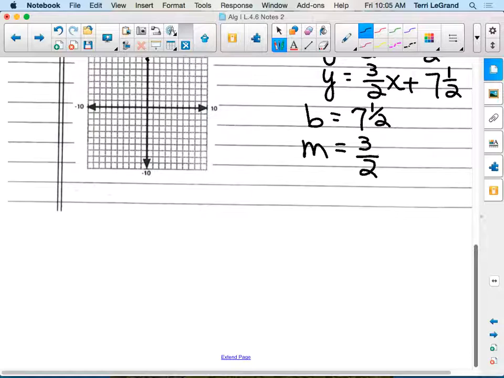Two negatives make a positive when you're dividing, and two positives make a positive when you're dividing. So we have the option of them both being positive like they are here, which means we would go up 3, right 2, or, what's our other option? Down 3 and left 2.